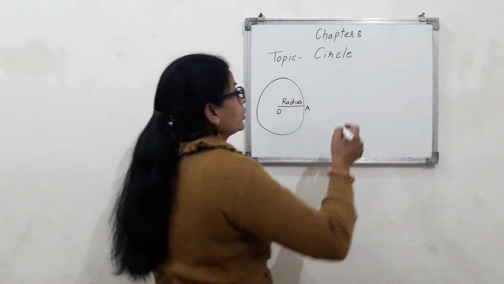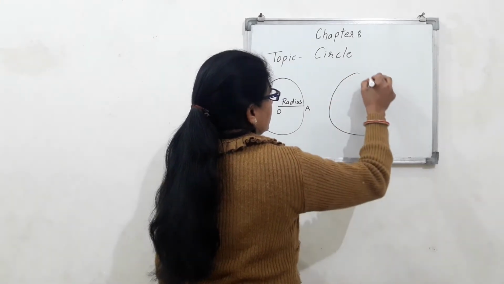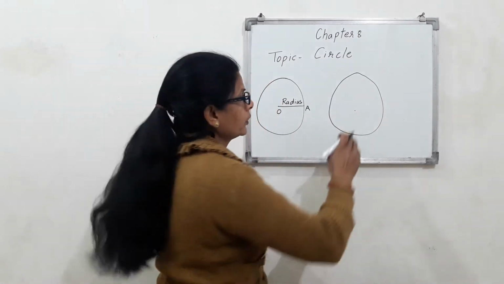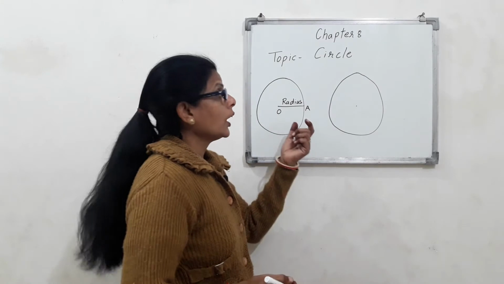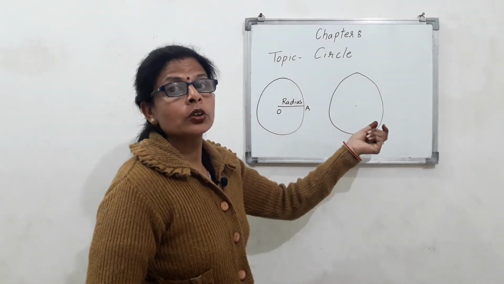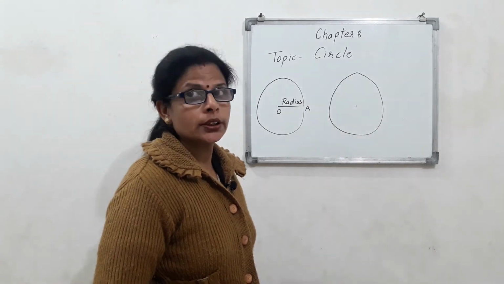Now, we have also learnt that this is a circle and it has a center, right? A line segment passing through the center with both the points on the circle.